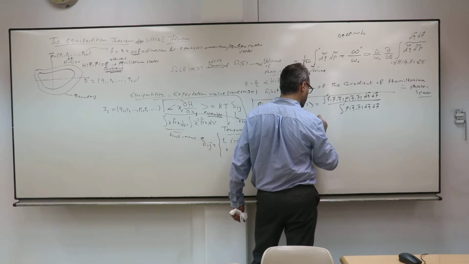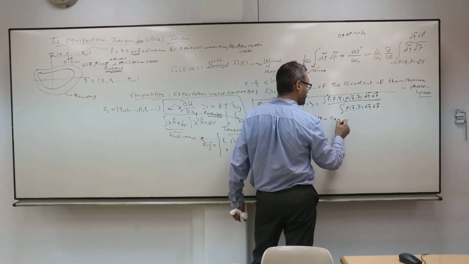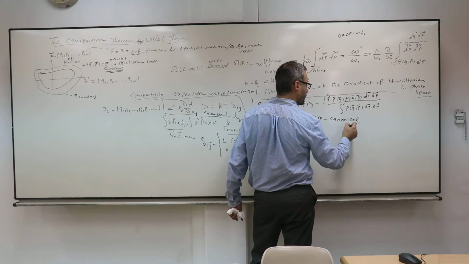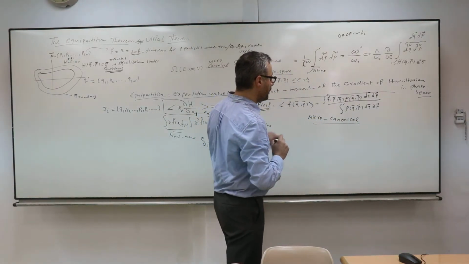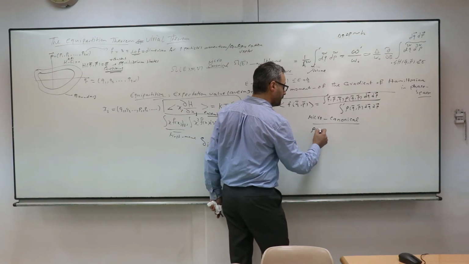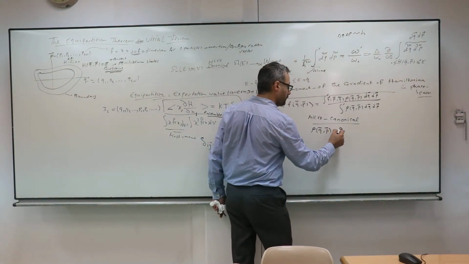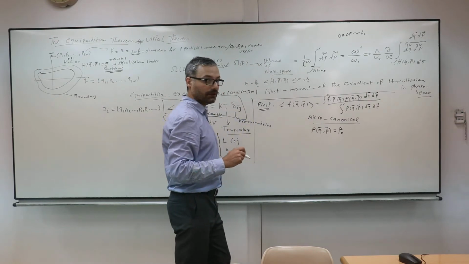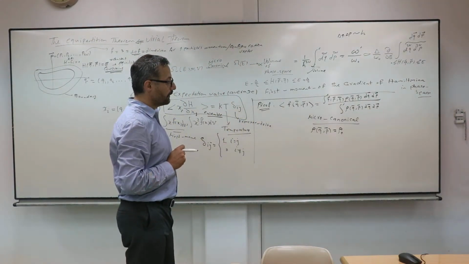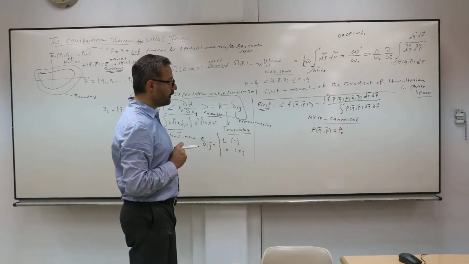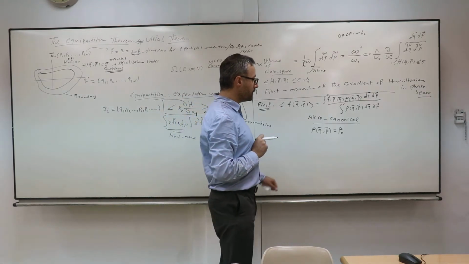I want to do that for the microcanonical because it's easier. For microcanonical, you have this bound. We explained that microcanonical is the easiest form for the ensemble. So rho is a unit constant.